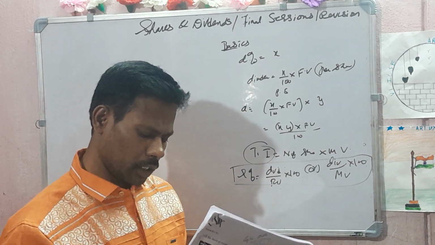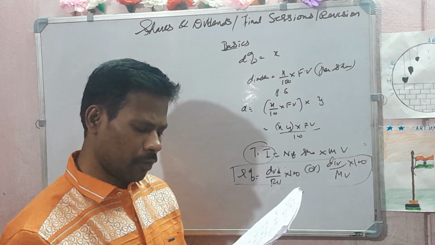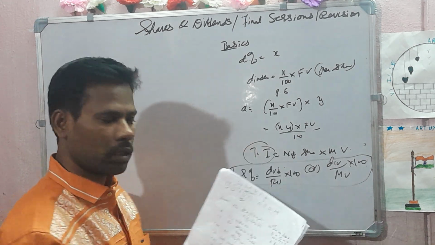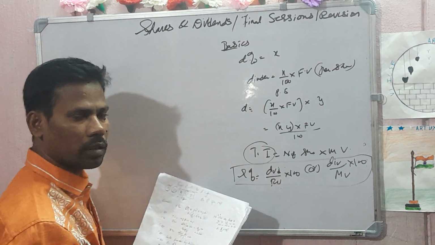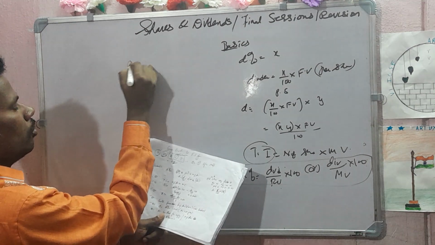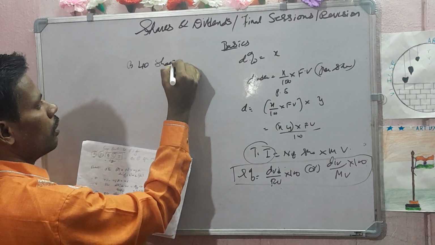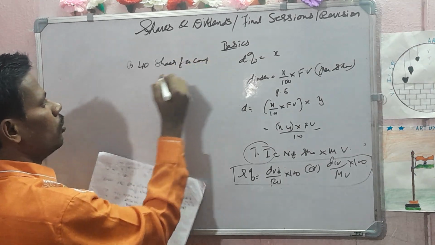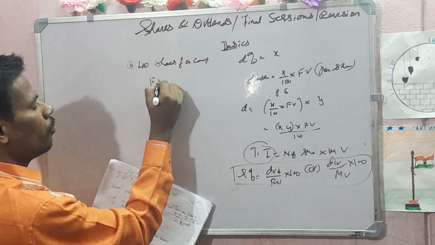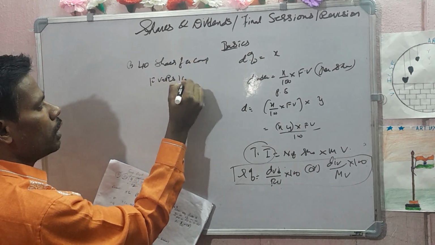Now again, basic things. Don't get confused with this word: rupees 40 shares of a company. Rupees 40 shares of a company means face value is rupees 40.